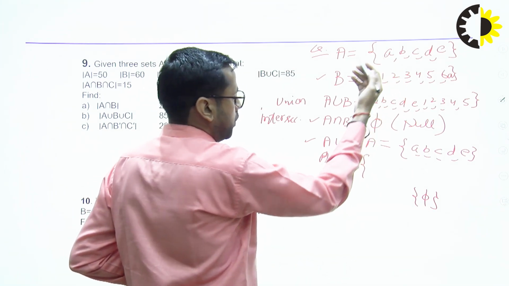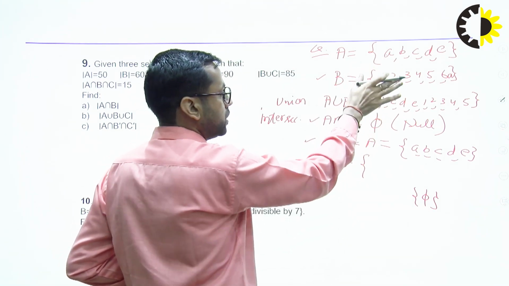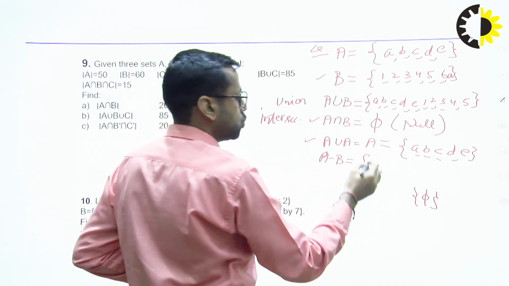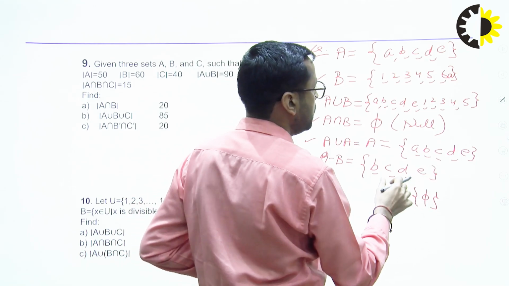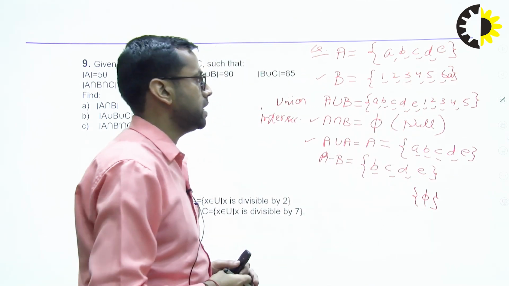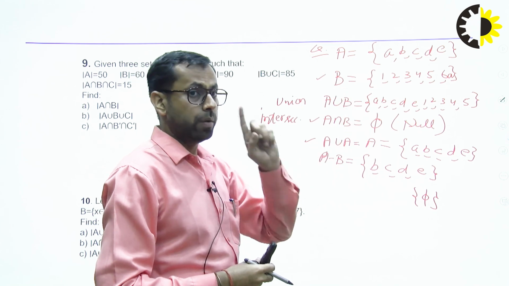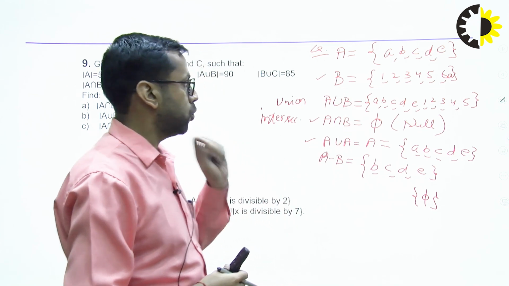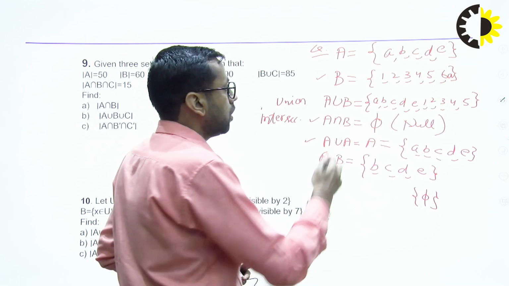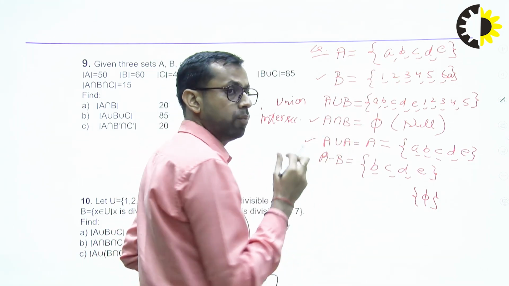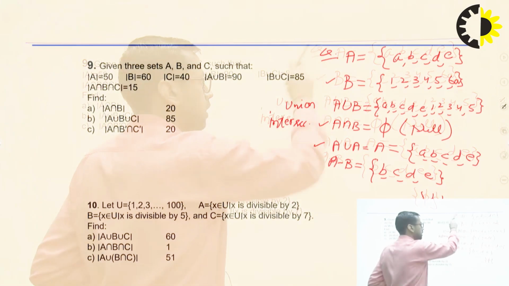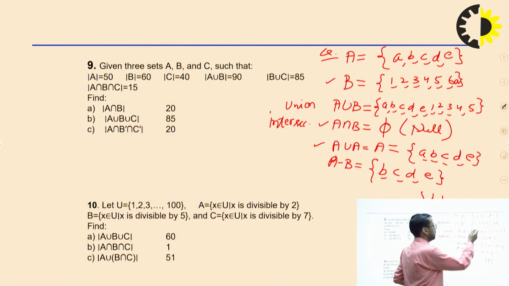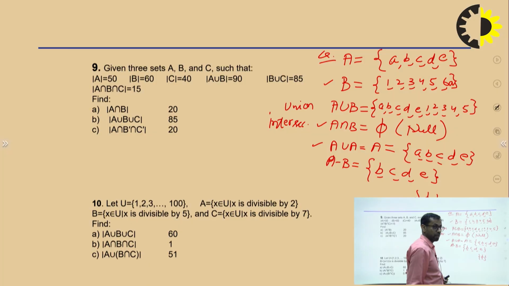When we remove from set A all the elements that are present in B, the remaining elements will be B, C, D, E. Why do we eliminate A? Because A is present in set B. One more thing to notice: the set is represented by the capital A, and the element is the lowercase a.